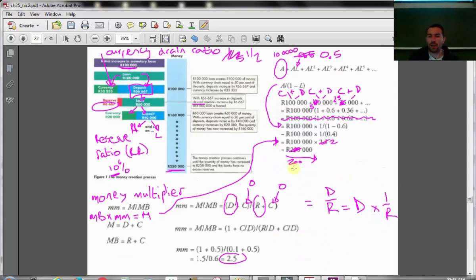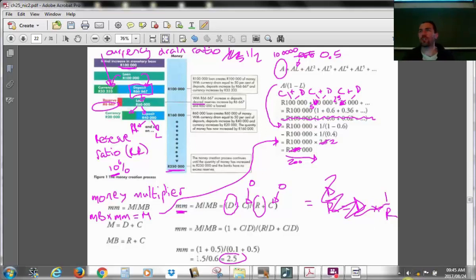No, so yeah, exactly. So I've messed up something over here. I don't know what I messed up, but I messed something up, right? Well, it should be the following. Where it says money multiplier I should not get D over R. I should just get 1 over R is the money multiplier. And then the total amount of money would be whatever our deposit amount was.